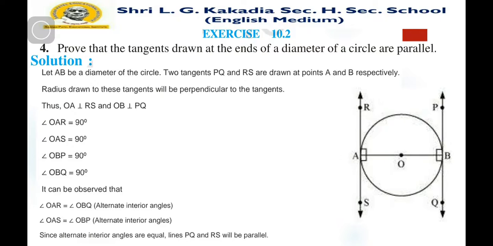We have just studied in 9th standard that if two lines are given and one transversal intersects both the lines at two distinct points, and if alternate angles are equal or corresponding angles are equal, then we can easily say that these two lines are parallel to each other. So using that method we can easily solve this.